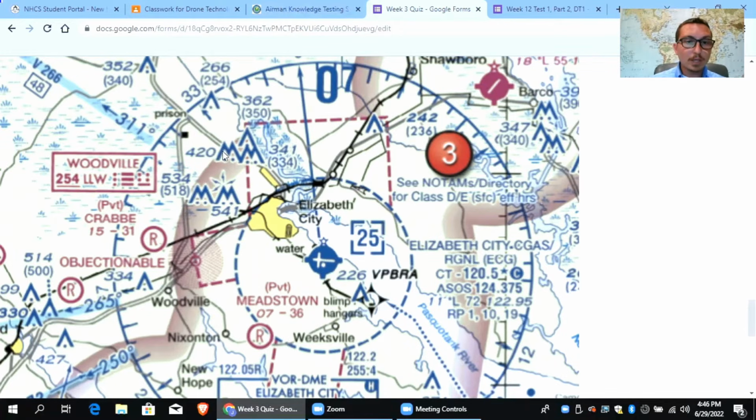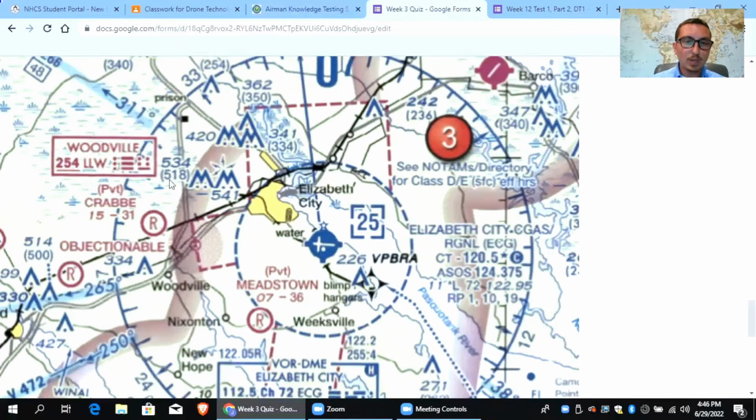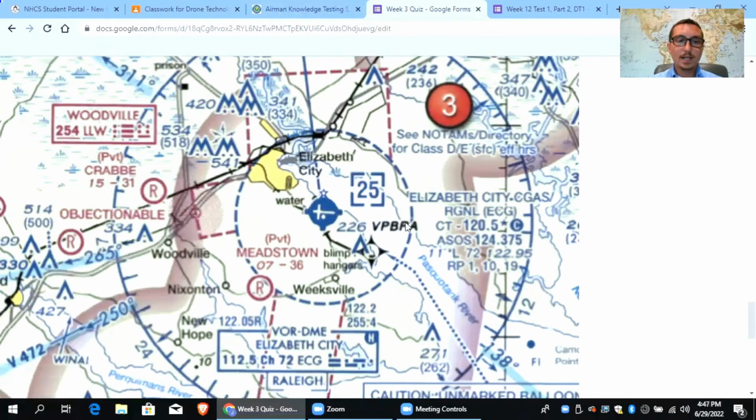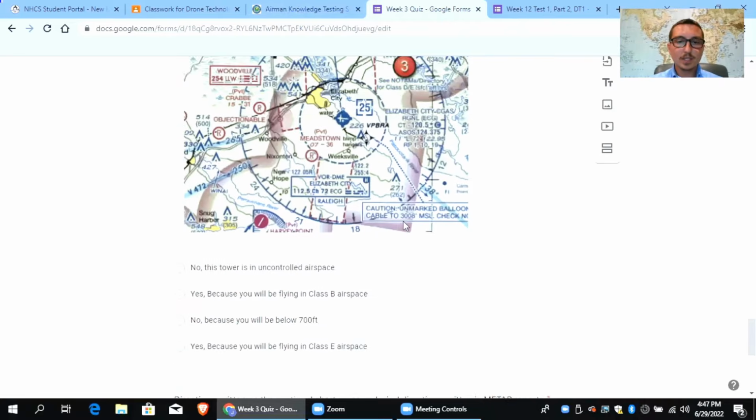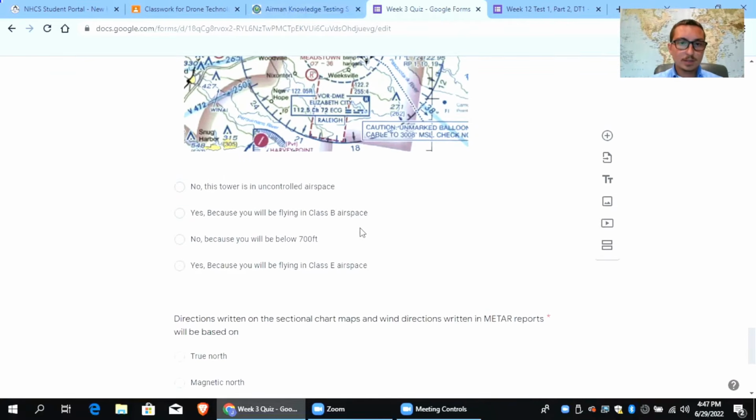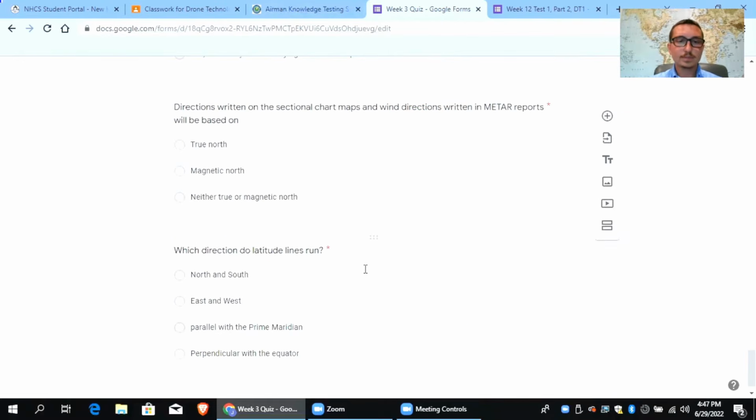But say you wanted to fly right above this tower to 500 or 600 feet, you'd be fine because you're below 700 feet. Now, if you wanted to fly the 400 feet above this tower to be at 900 feet, then you would need ATC permission because you're above that 700 feet in that shaded magenta area. So the answer is yes, because you were flying in Class Echo airspace.